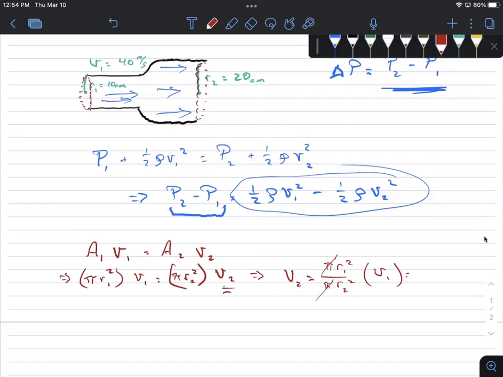Be careful. Remember, always in physics, we have to worry about what units we're using. Unless specified particularly, we will always use kilograms for mass, meters for distances and areas and volumes and stuff like that, and seconds for time.